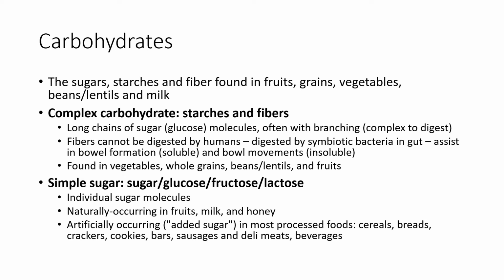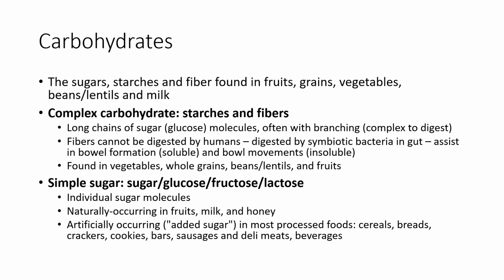In addition to these naturally occurring simple sugars, we have artificially occurring sugars, and you'll also see the name added sugar. You saw that briefly on the food label, the nutrition facts panel, if you looked at the reading from last week. So added sugars are any of these isolated sugars that have been added into a food.